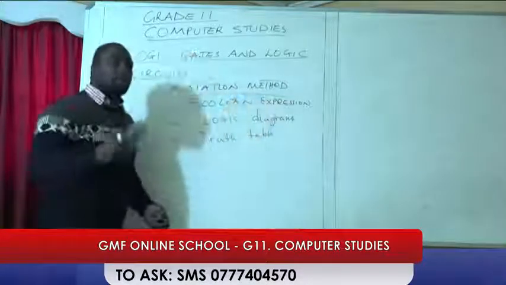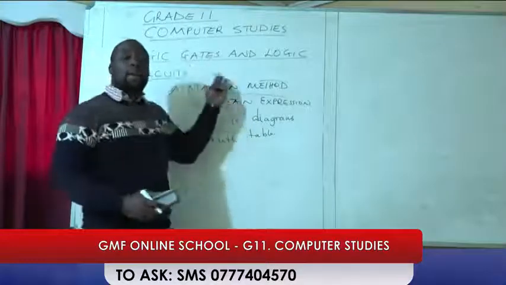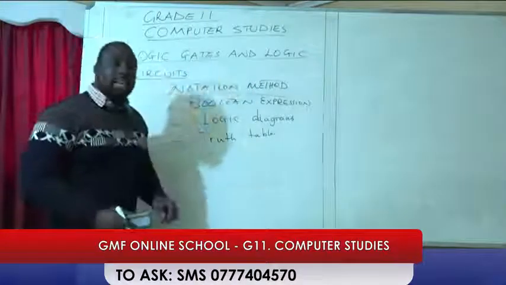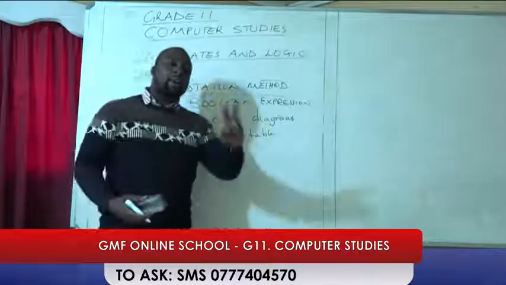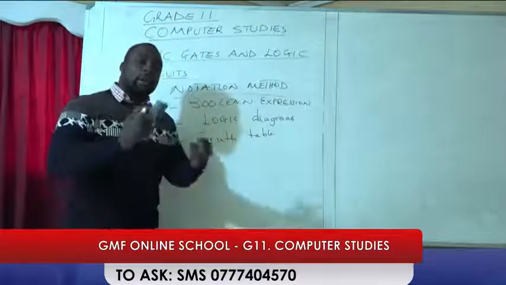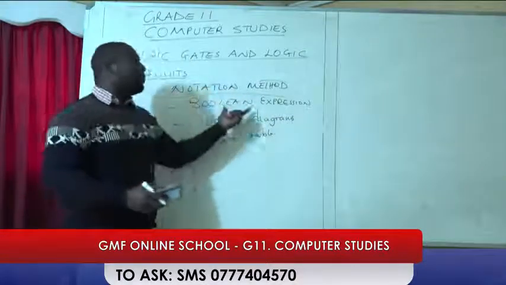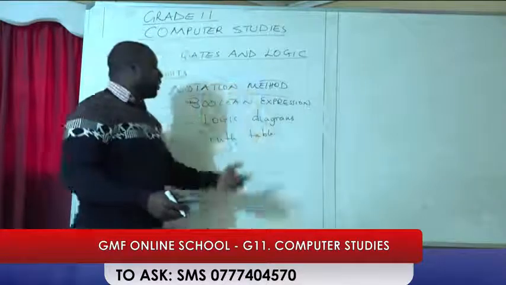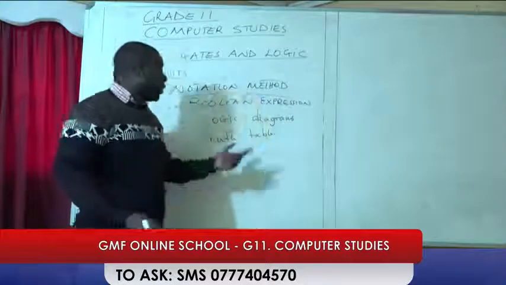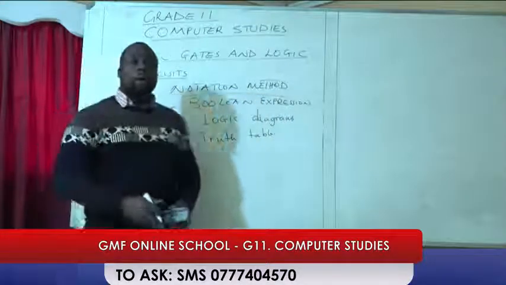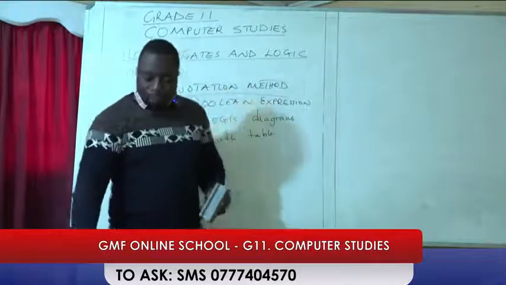For us to understand logic gates and circuits, there is a notation used to demonstrate how these circuits work. We use the Boolean expression, then we use logic diagrams, and we also use the truth table.